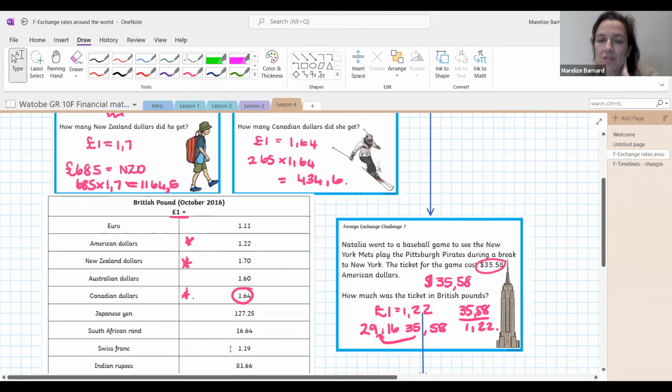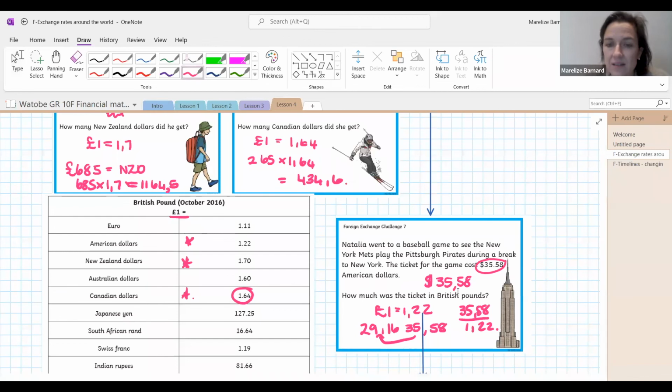So guys, you have to look, if you are converting from a currency, so we've got the price here in American dollars, that's 35,58. And if you think about it like this, so you need to convert that rate of 1,22, that is the dollar rate, to the pounds.